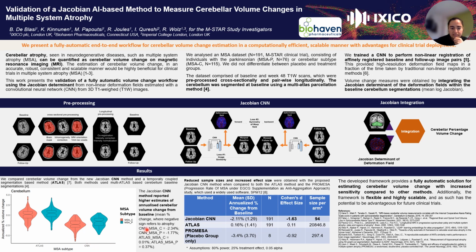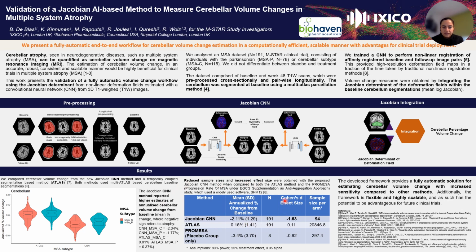For the MSAC group, it measures about 2.3% atrophy over 48 weeks. For the MSAP subtype, it measures 1.8% atrophy over 48 weeks. The atlas-based method is not able to capture any change in either of the groups, so the estimated change is about 0.